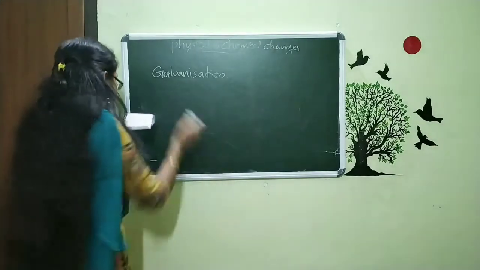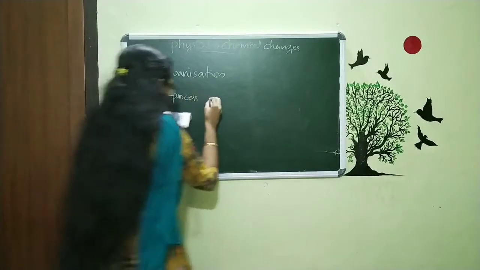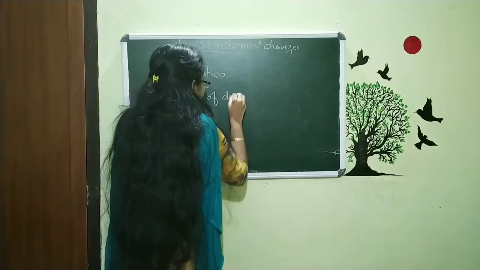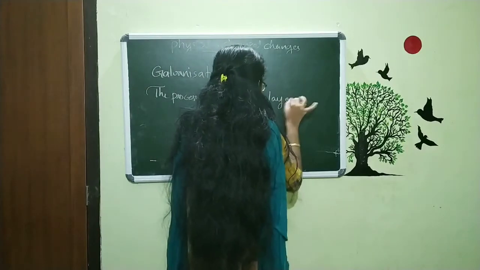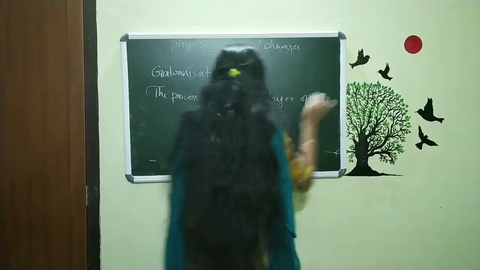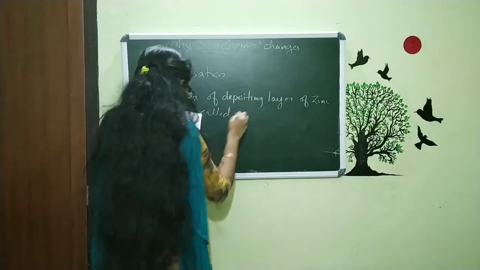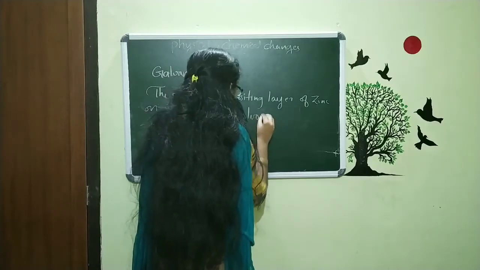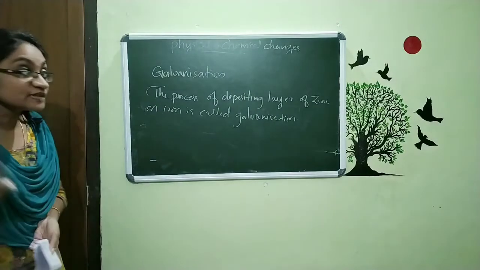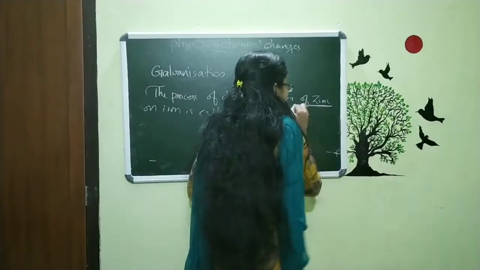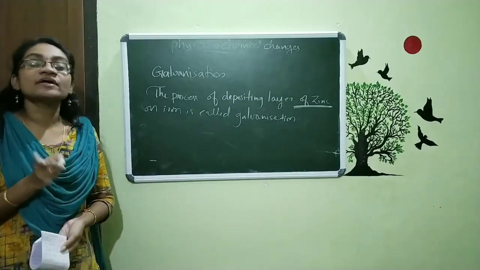Now, how can we define this term galvanization? It is very simple. The process of depositing a layer of zinc on iron is called galvanization.